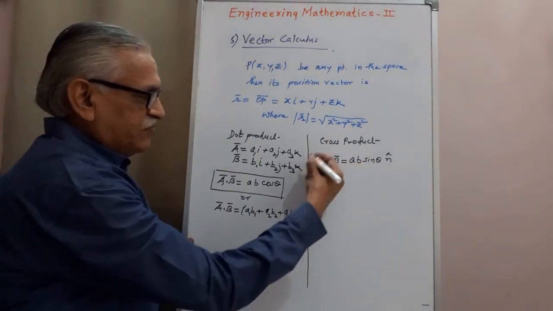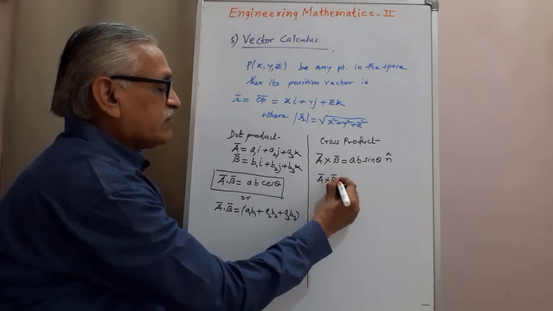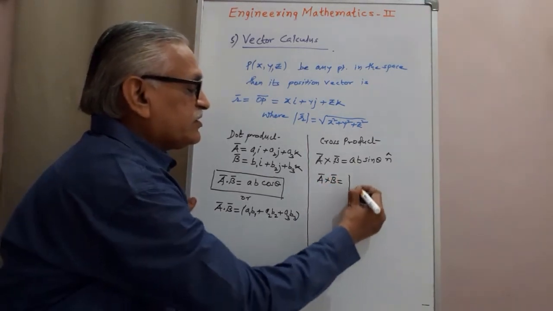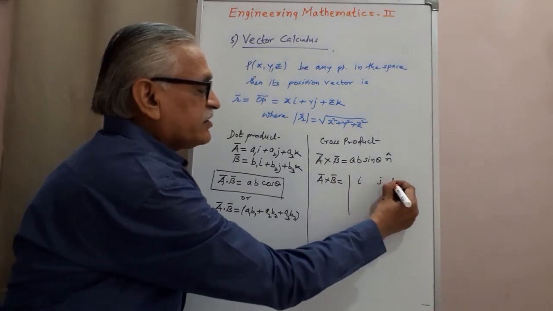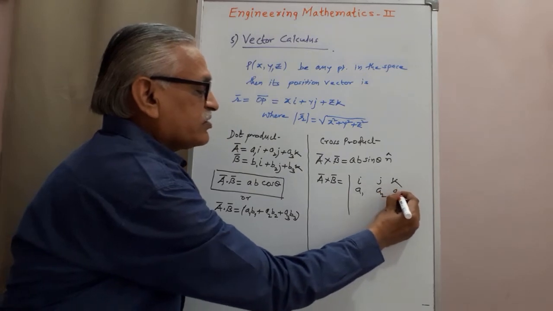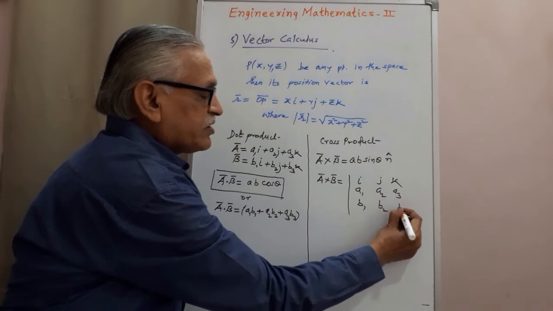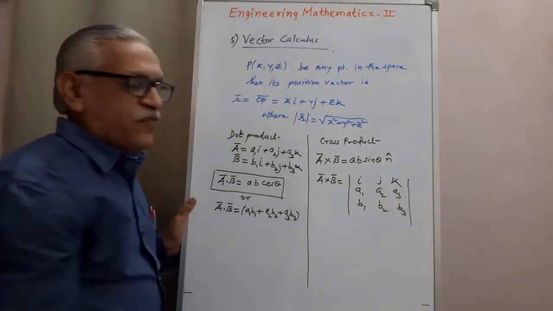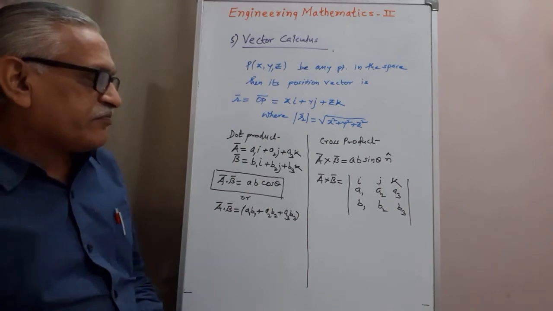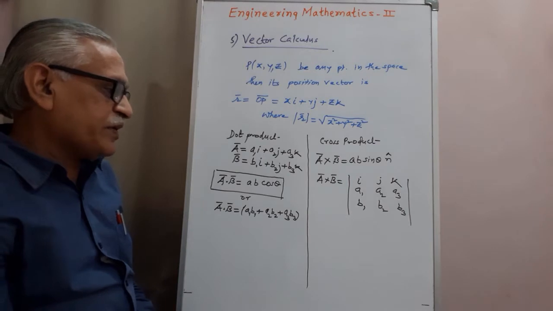And for the cross product, vector A cross vector B, in terms of components it is obtained by the determinant with rows i, j, k, A1, A2, A3, B1, B2, B3. Whatever value we get for this determinant is the cross product of vector A cross vector B.